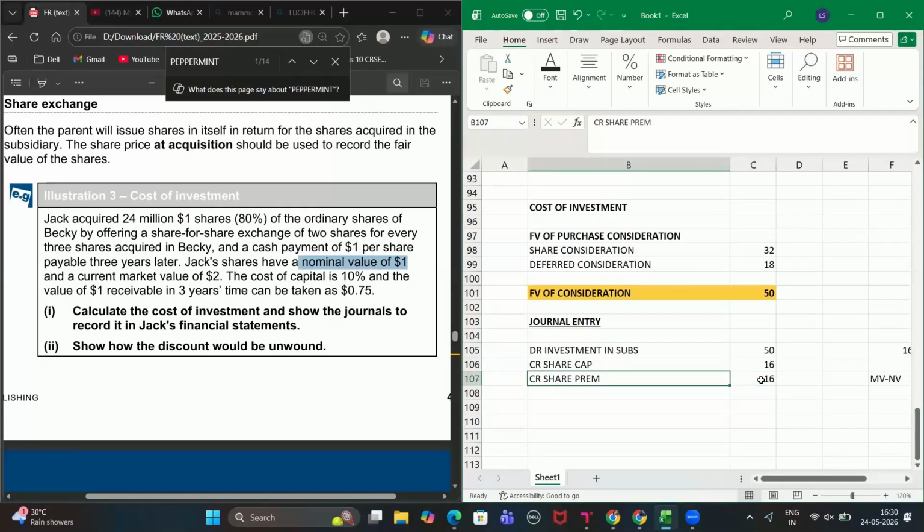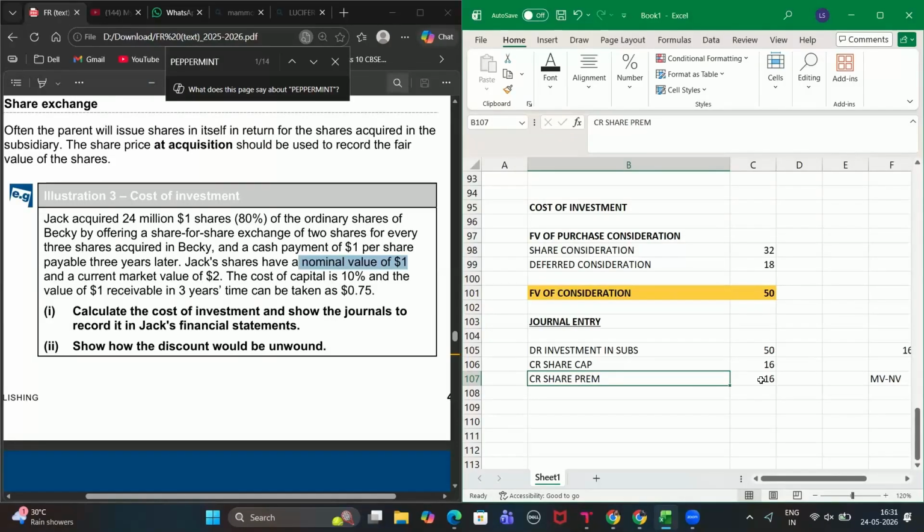Okay, fine. Is that it? Did we only give them share consideration? Have we paid the deferred consideration yet? No, we are yet to pay. So it is a liability, a deferred liability.